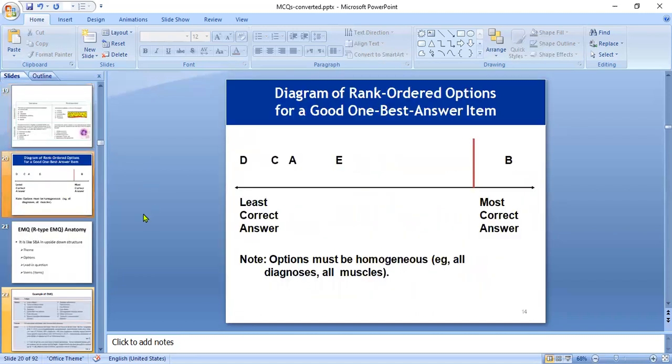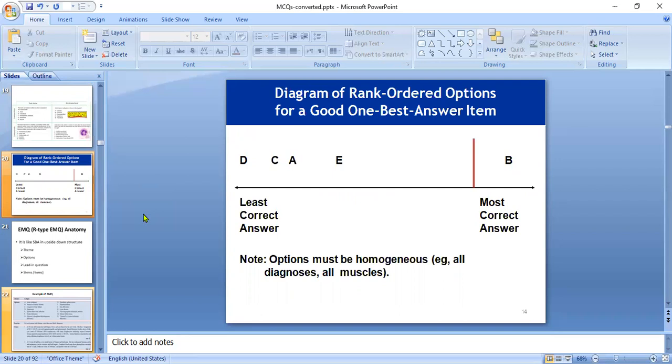So, this is another MCQ type, known as the BCQ. BCQ stands for best choice question. This is a type of MCQ in which almost all the options are correct, but there is a weightage of their correctness.